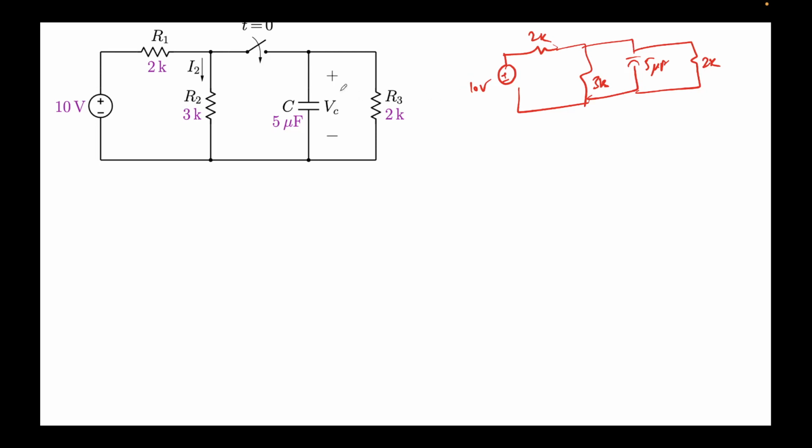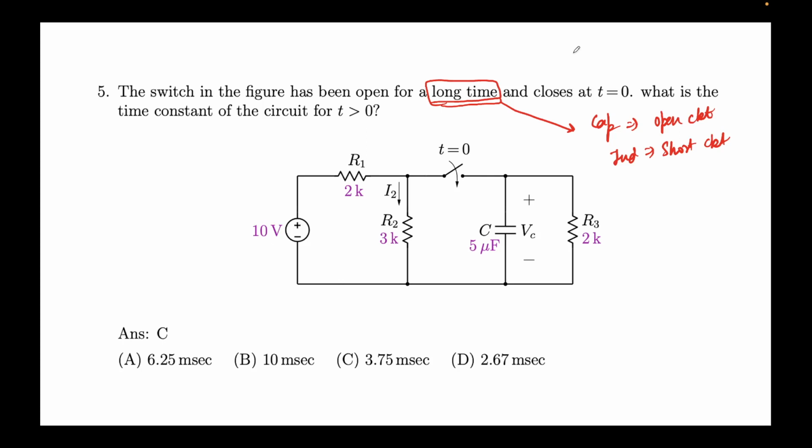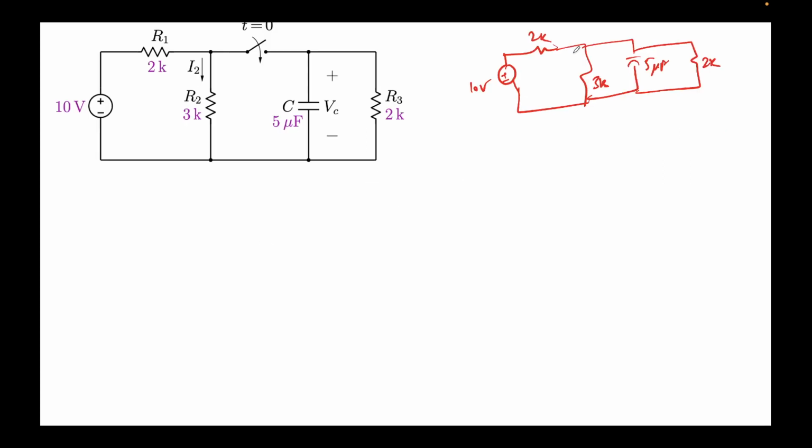If we find the Thevenin equivalent for this circuit, that will simply solve our problem. So to find the Thevenin equivalent, we are more interested in finding the RTH. We simply short the independent voltage source, deactivate that, so it will become 2K, 3K.